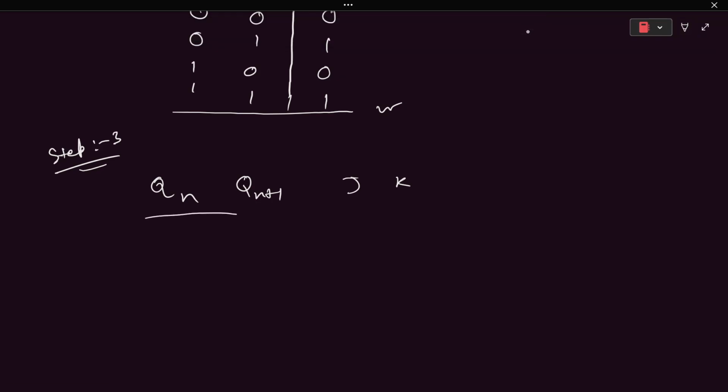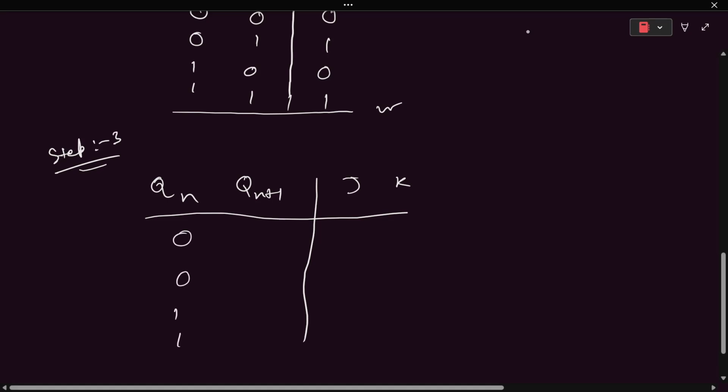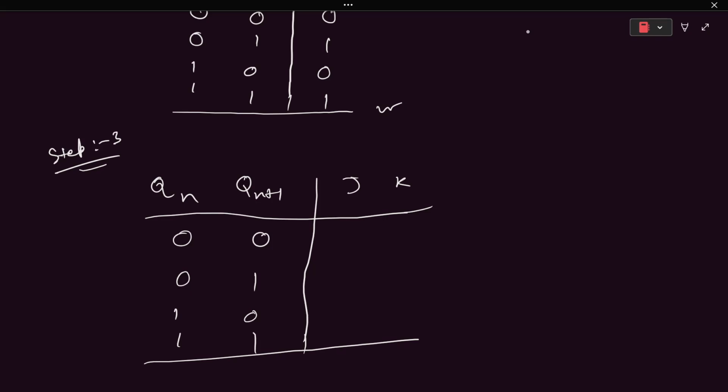This is JK, 0011 say, 0101 say. For excitation table writing purposes, you must write the characteristic table in case of the JK flip-flop first. You may remember that, but you may verify it by writing the characteristic table.